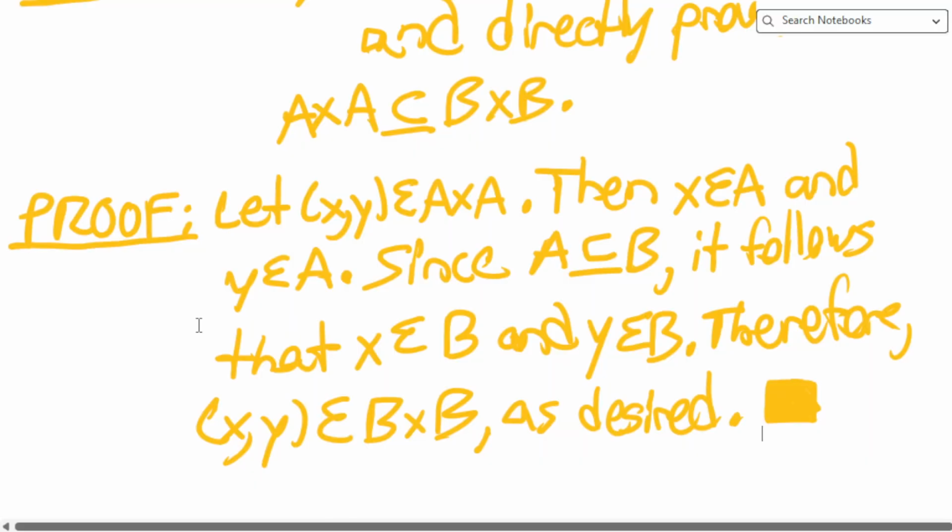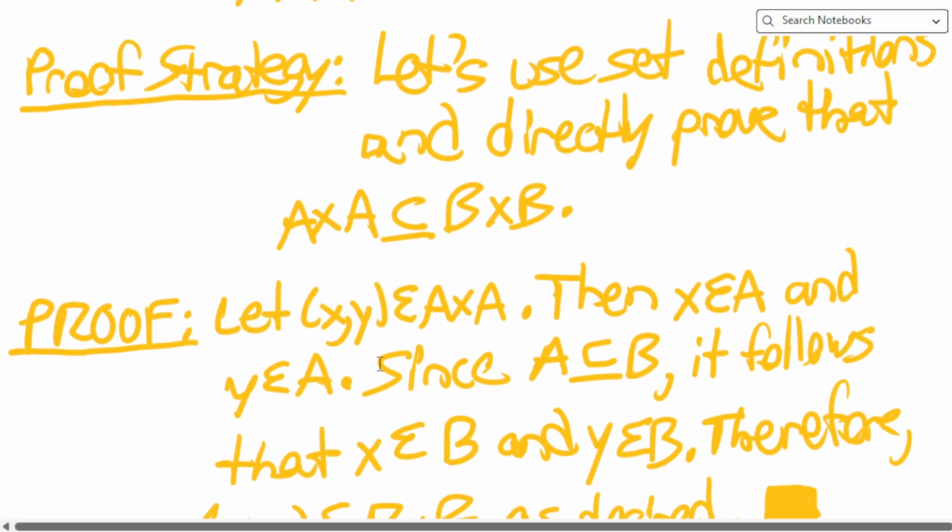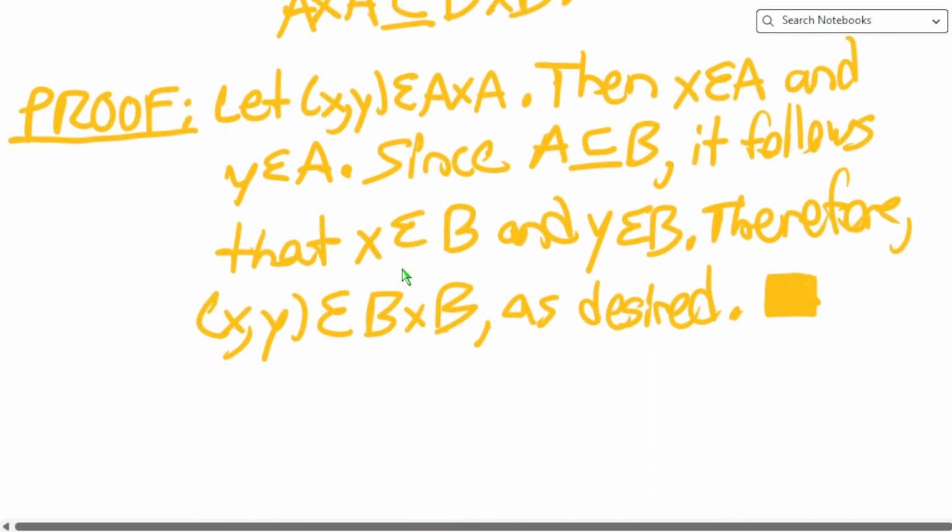Well, the reason is that since we know that the ordered pair (x, y) is an element of the Cartesian product of A and A, and we showed it's an element of the Cartesian product of B and B, then we can imply that the Cartesian product of A and A is a subset of the Cartesian product of B and B.